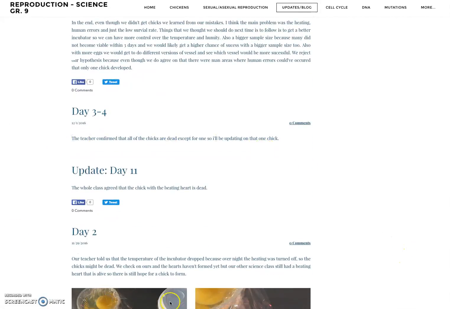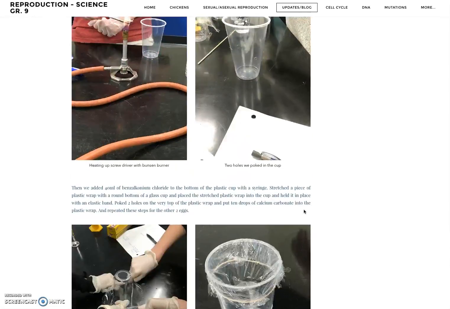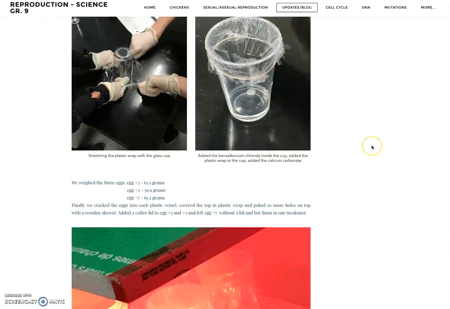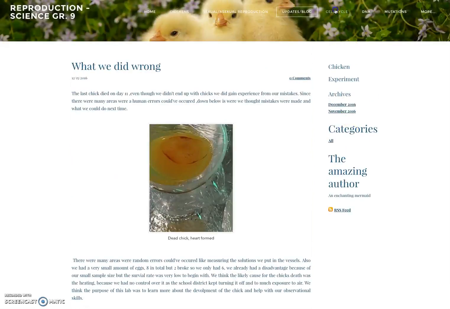And then there's just, again, the procedure, what we did on each of the days, with some pictures to help you understand what we did and the process. And then down here is a picture of the incubator that we made. You can see the culture vessels in there. And now we'll move on to the cell cycle.